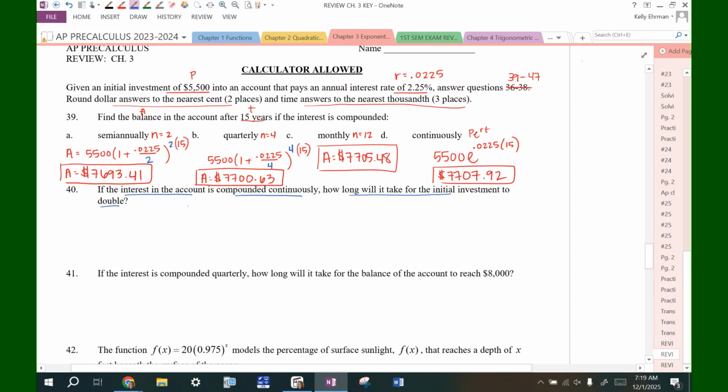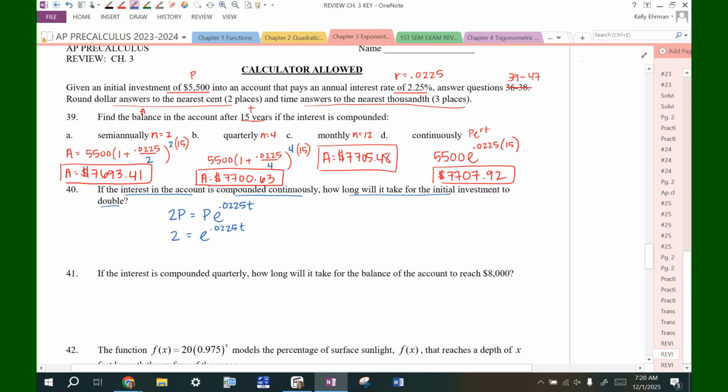So I'm just going to set up, instead of A equals, I'm just going to say whatever P was, I want to double it. 2P is equal to the initial investment times e to the rt. Even if I put in 5,500 and 11,000, I'm still going to divide by whatever's in front of the e, and it's going to divide out to 2. So you can put the numbers in if you want, but I don't have to give you an initial investment for a problem like this.